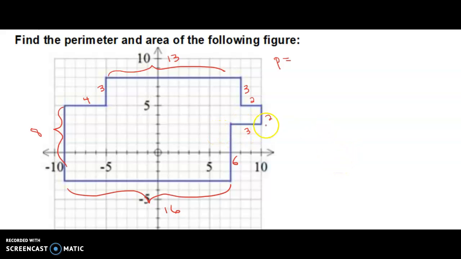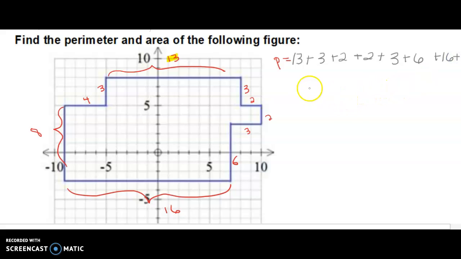So if I start with 13, starting there and going right: 13 plus 3 plus 2 plus 2 plus this 3 plus 6 plus 16 plus 8 plus 4 plus 3, and then I'm back to 13 where I started.